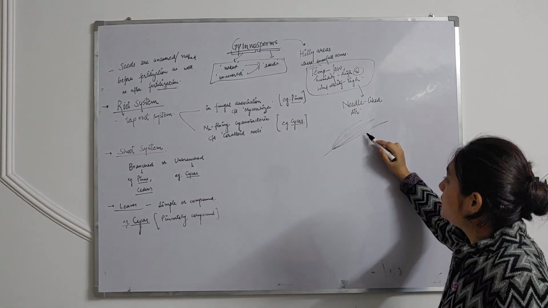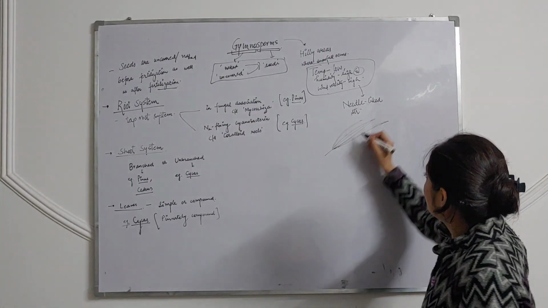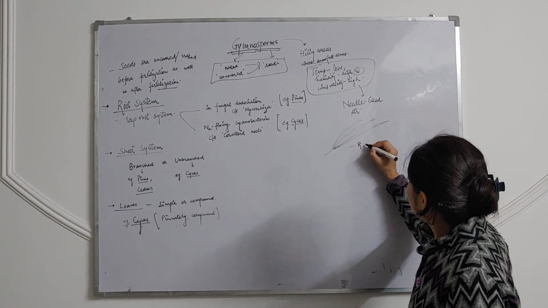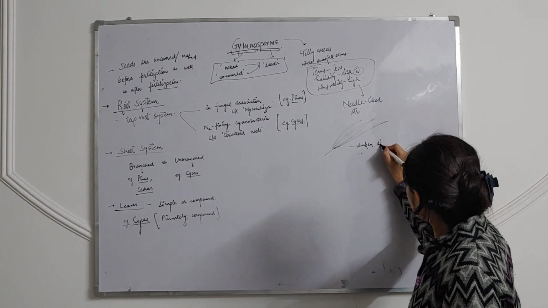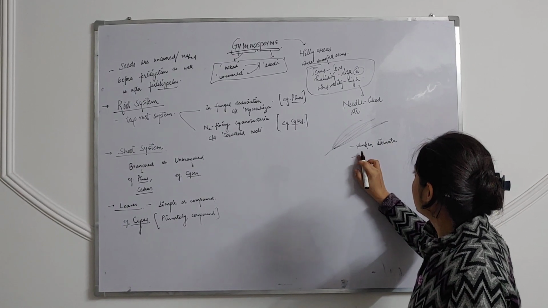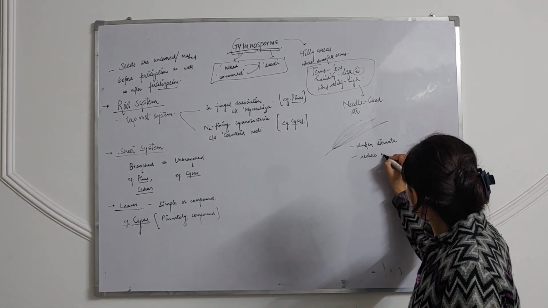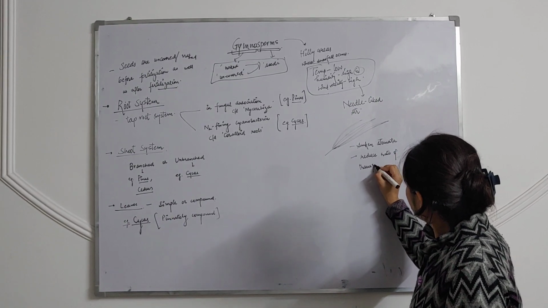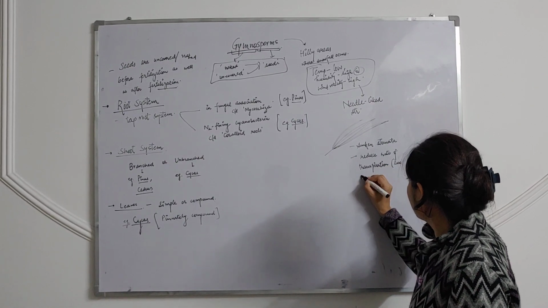So the leaves are modified into needle-like structures, and these leaves also have reduced or sunken stomata, which help in reducing the rate of transpiration, or we can say low rate of water loss.